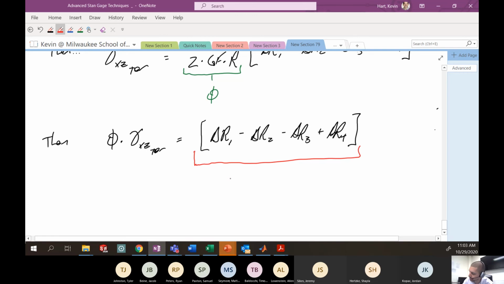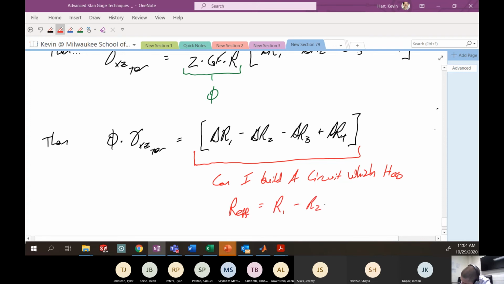Can I build a circuit which has an effective resistance of R1 minus R2 minus R3 plus R4?